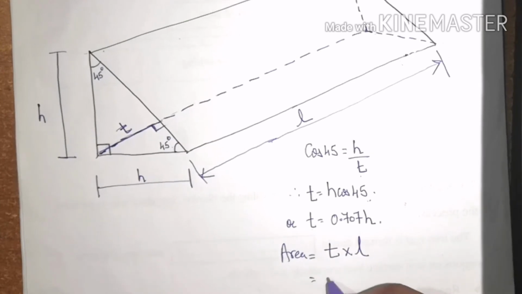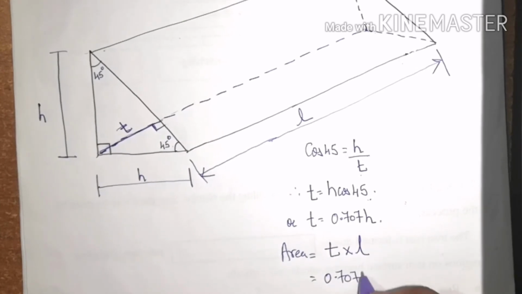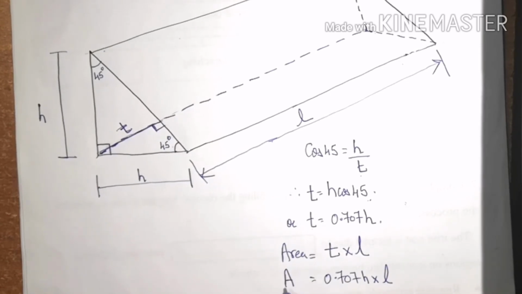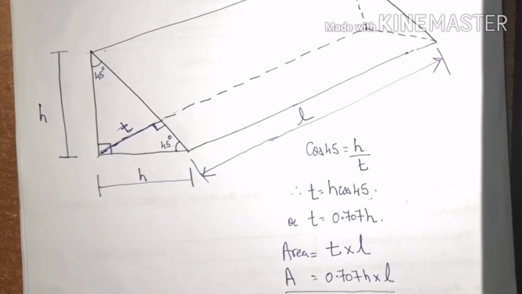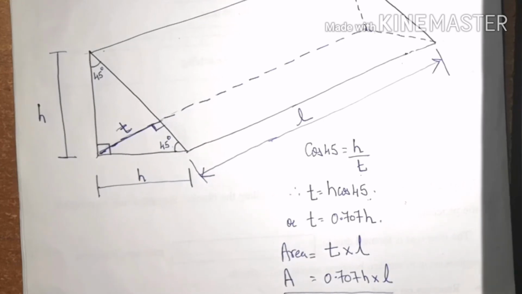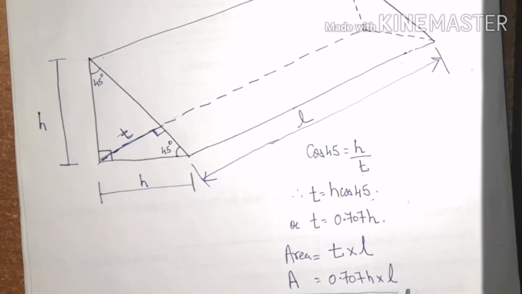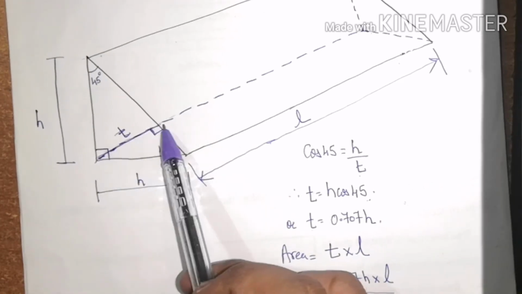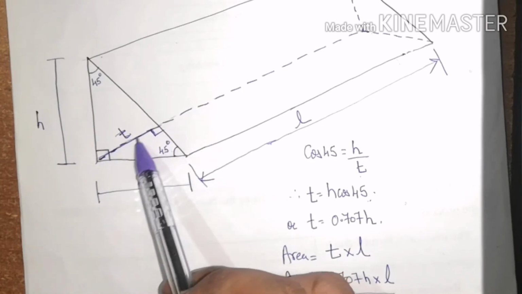So T we have found out 0.707 multiplied by H, L is L. So area will be 0.707 H multiplied by L. Henceforth we will be using A as 0.707 H multiplied by L. This is just because the welding or any object fails from the minimum cross section area, and the minimum dimension is T in this case, which is also known as the throat of the weld.